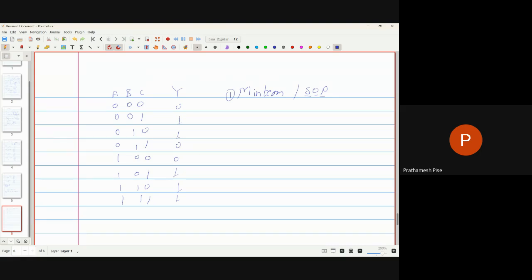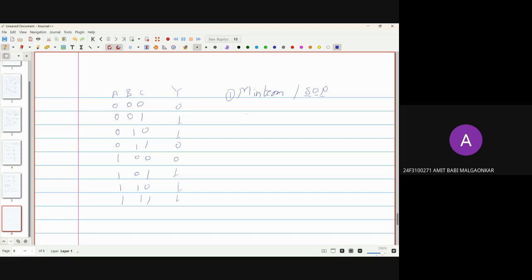Now tell me, how can we ensure that the equation will be high only for these five cases and not any other case? Can somebody tell me, how can we ensure this? You add the ones.